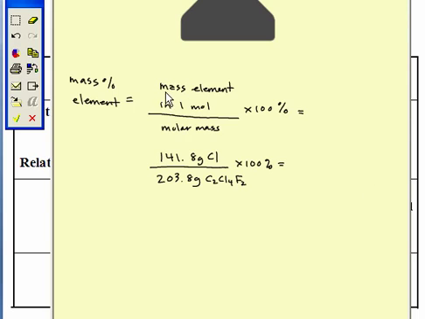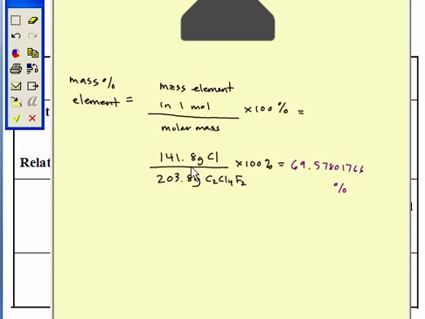So here's our formula. The mass percentage of an element is the mass of the element in 1 mole of the compound divided by the mass of 1 mole of the compound, otherwise known as its molar mass, multiplied by 100%. So here's the mass of chlorine in 1 mole of our compound, and here's the molar mass of our compound. So we're going to divide this first and then multiply by 100. So my calculator tells me 69.5780166%.